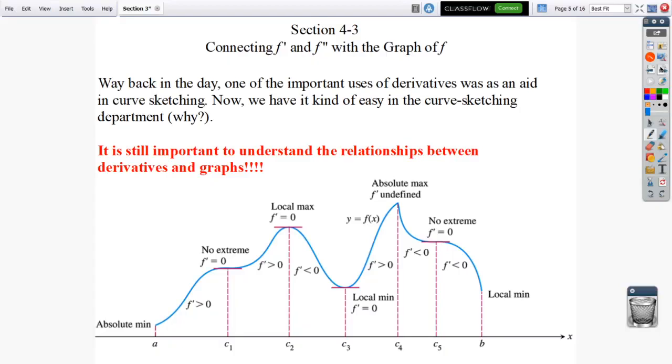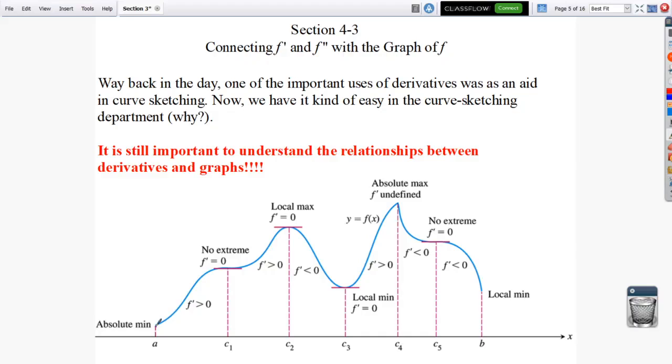So now looking over here, we've got some graphs. You can see I'm trying to relate the f prime to the actual graph. Starting over here at point A, we have an absolute minimum. We can only see that that is an absolute minimum if we look at the original function. We can find relative minima and maxima, but we cannot find absolute without analyzing the actual function.